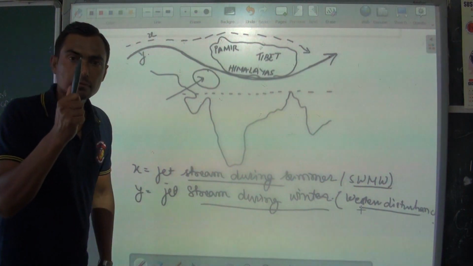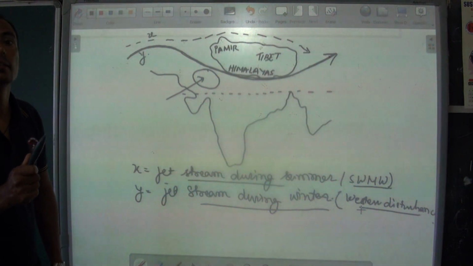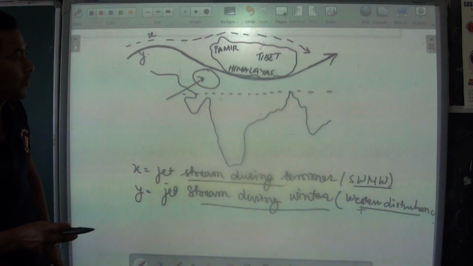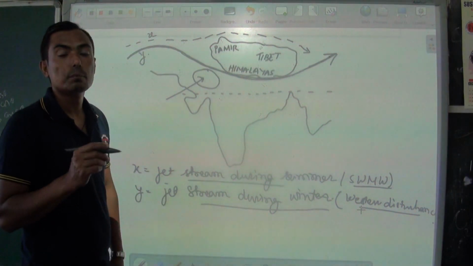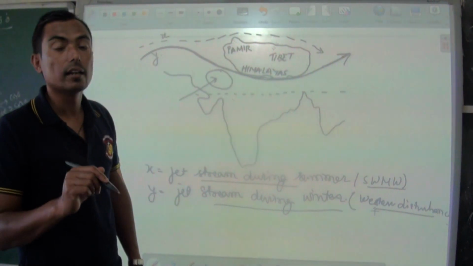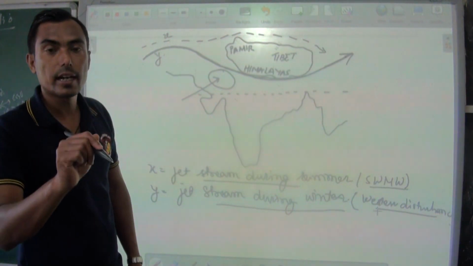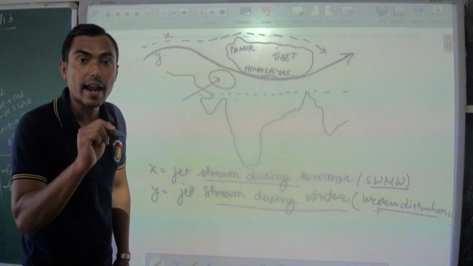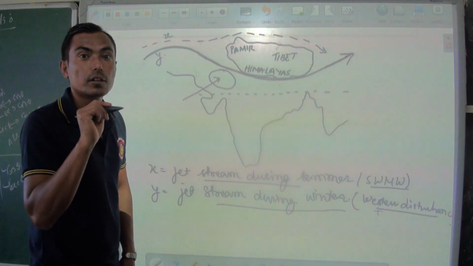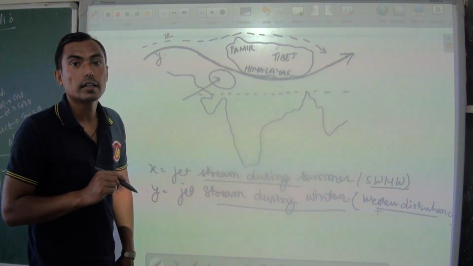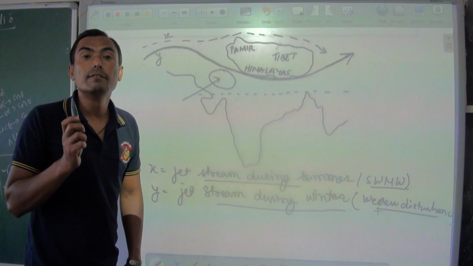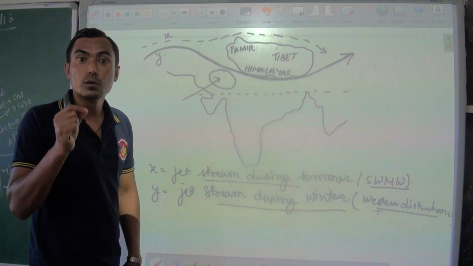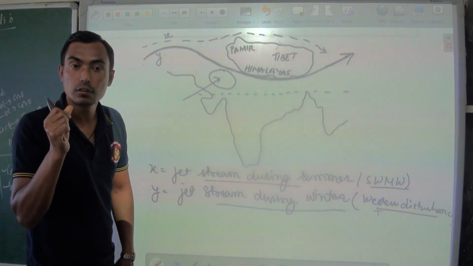And this western disturbance is especially beneficial for the growth of rabi crops, especially in the states of Punjab and Haryana. Therefore, Punjab and Haryana are referred to as the granary of wheat, because this western disturbance is responsible for providing very little rainfall, which is beneficial for the growth of wheat.